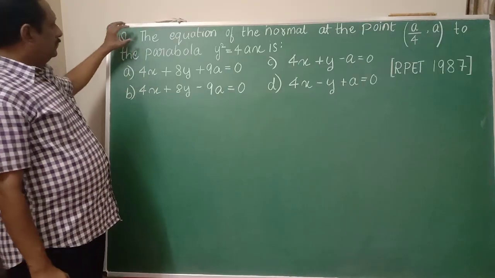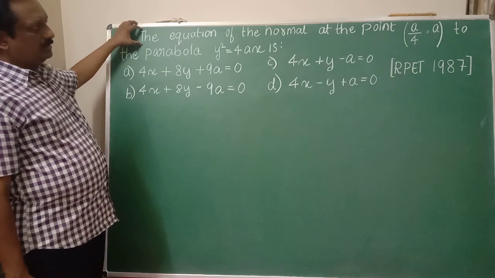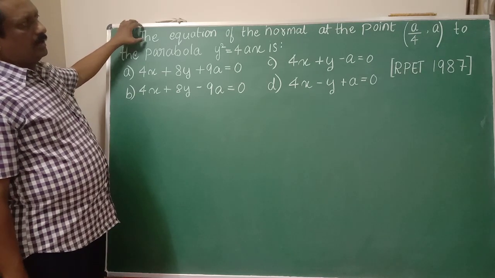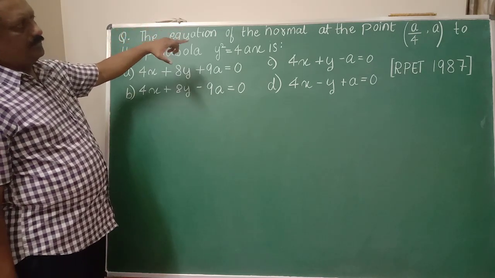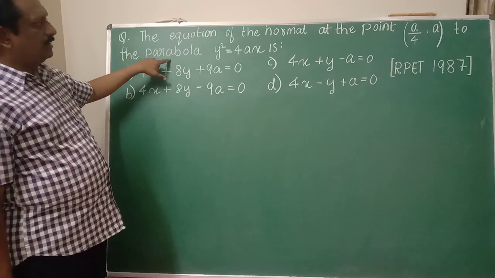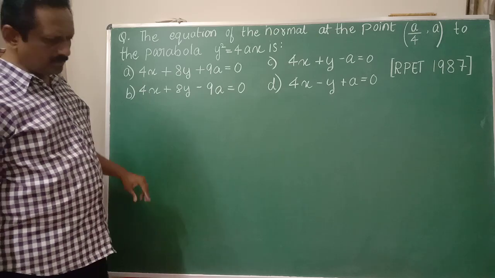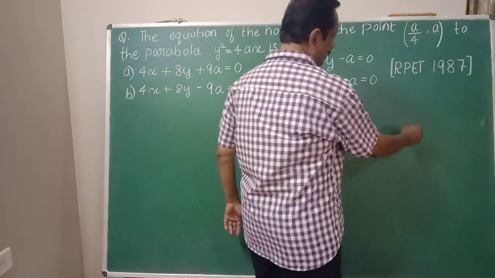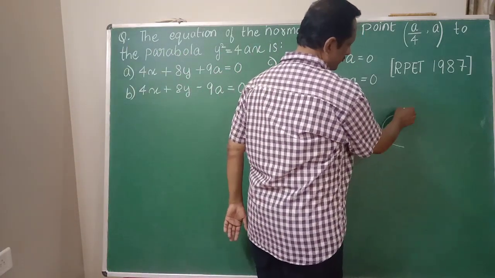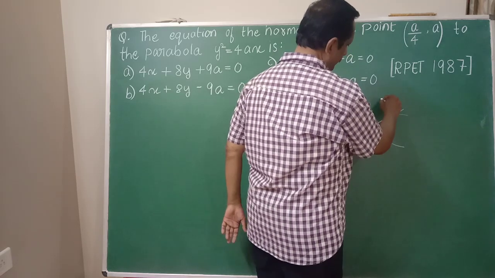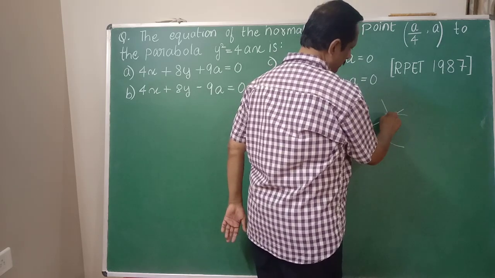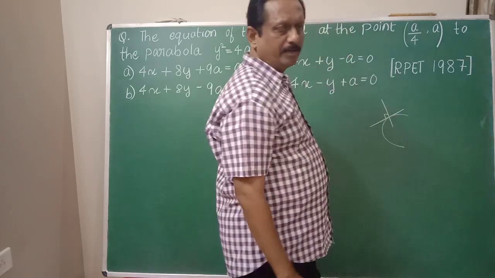So the equation of the normal at the point (a/4, a) to the parabola y square is equal to 4ax. Four options are there. Again here there is a parabola and this is a tangent. Then this is a normal. Normal and tangent are perpendicular to each other.